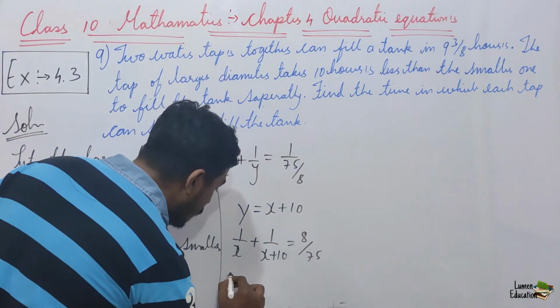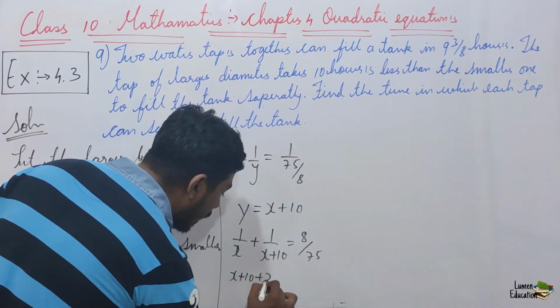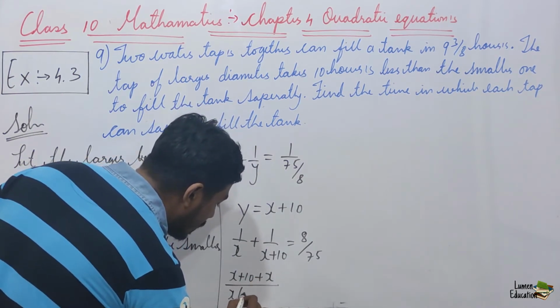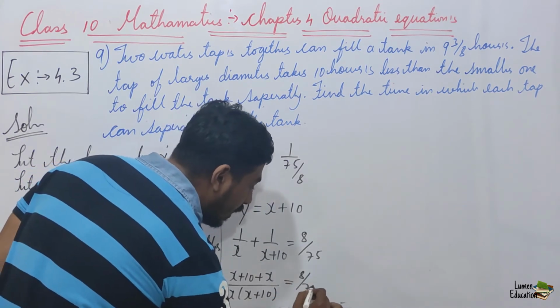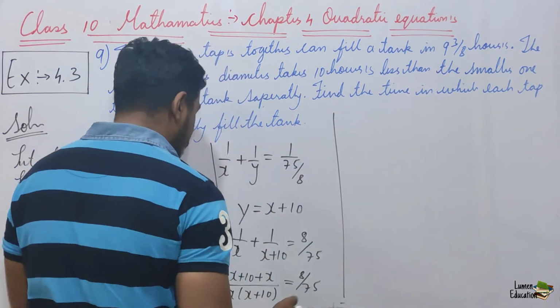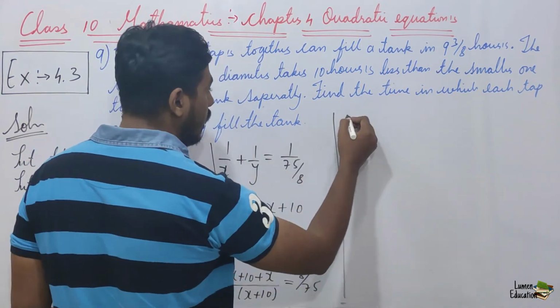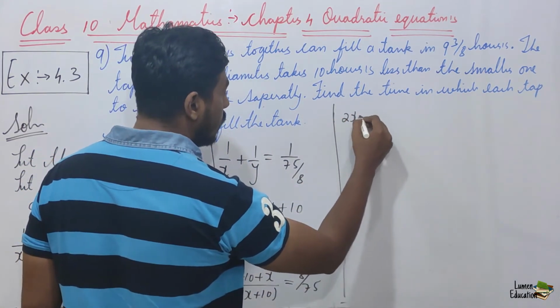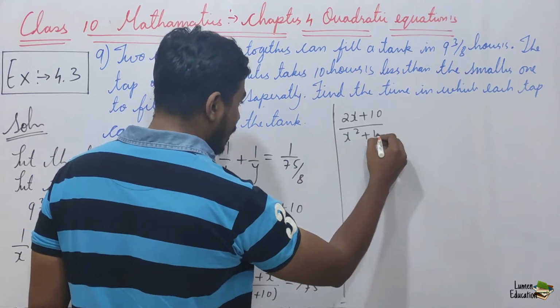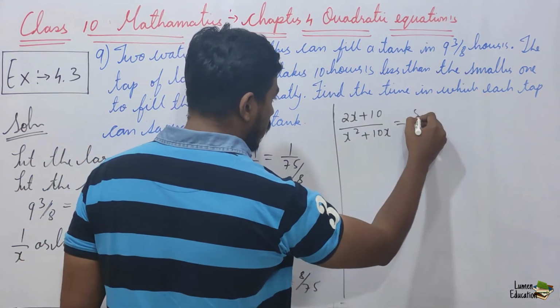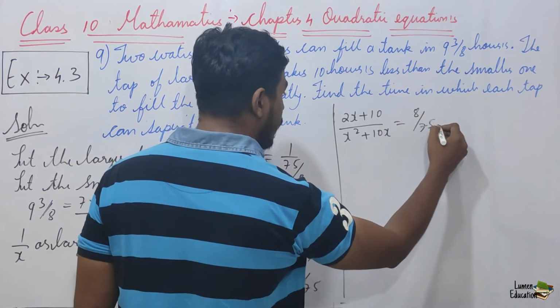Let us take LCM. X plus 10 plus X divided by X into X plus 10 is equal to 8 by 75. Next, X plus X is 2X plus 10 divided by X square plus 10X is equal to 8 divided by 75.